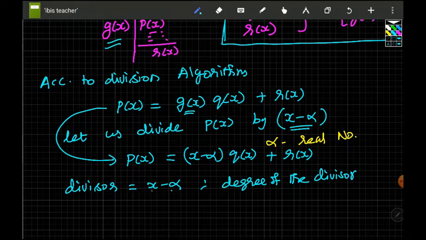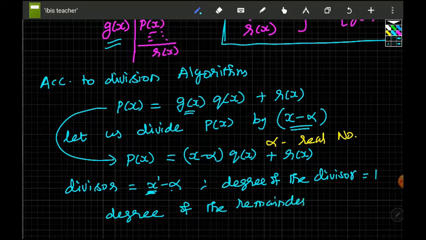Here alpha is a number, so the variable is x, and the power of x is 1, hence the degree of the divisor is 1. Then the degree of the remainder must be less than 1, which means 0.